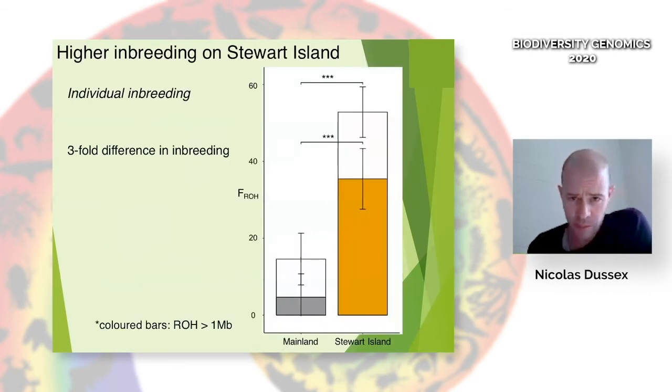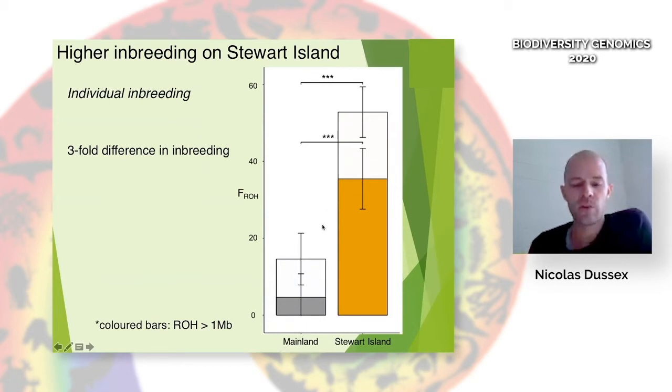Then we estimated inbreeding in those two populations using runs of homozygosity, which are large tracts on chromosomes that are homozygous, so identical between paternal and maternal chromosomes. And we found here a significant difference between mainland and Stewart Island individuals.